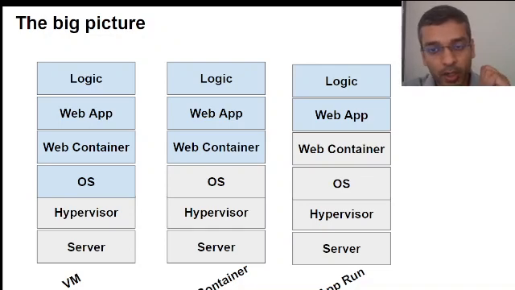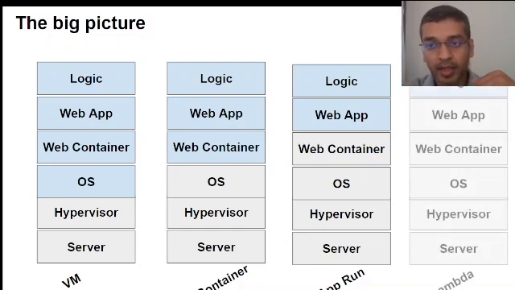You just build your web app, and that web app runs inside the web container provided by the cloud provider. Here you have the advantage that you don't have to worry about upgrading your Tomcat from version 6 to 7, or fixing a patch, or setting the max threads on your Tomcat. You don't have to worry about a lot of these other things.